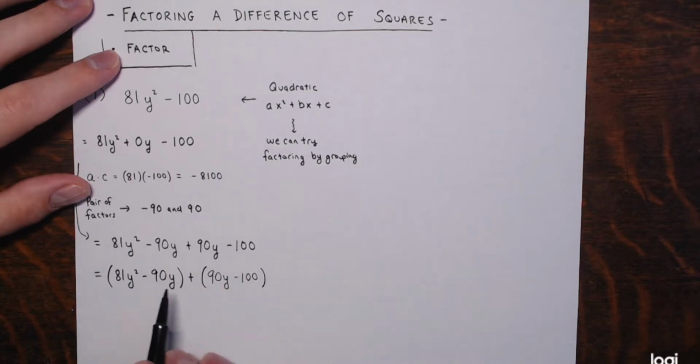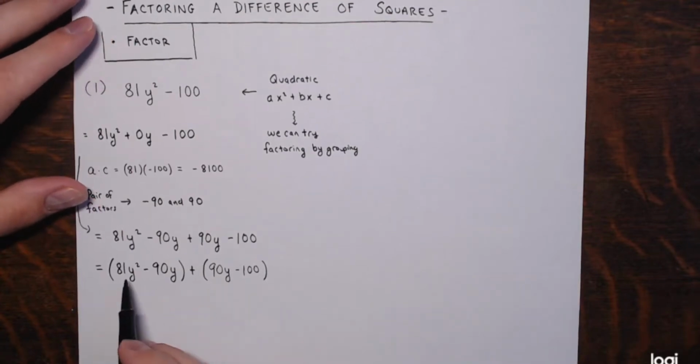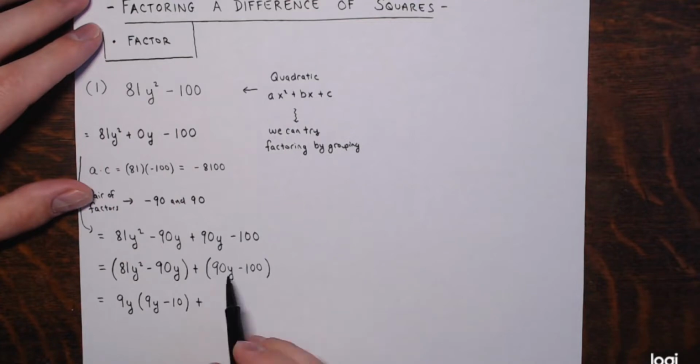Then you factor each group separately, pulling the greatest common factor out of each group separately. In the first group, the greatest common factor of these two terms is 9y. If I factor out 9y, what I'm left with is 9y minus 10. Then from the next group, plus, we have 90y minus 100.